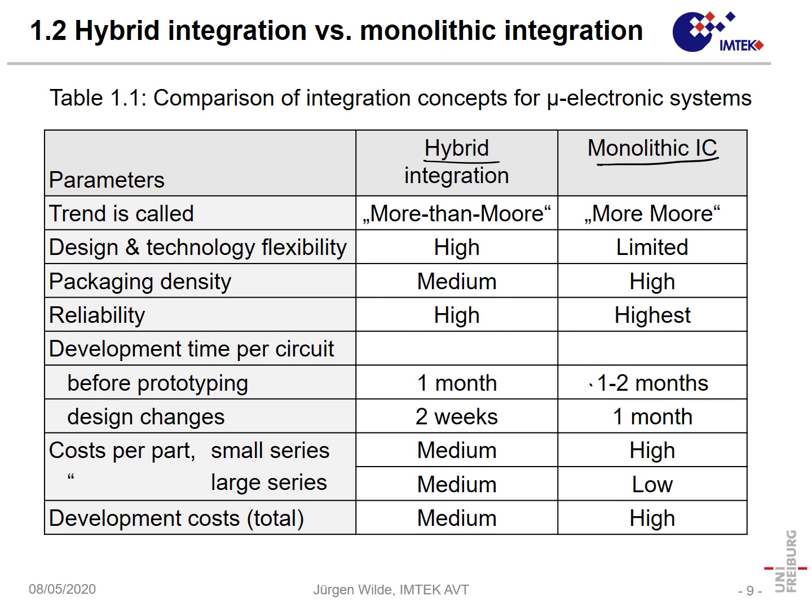On the other side, the development costs of, for instance, a printed circuit-based circuit are medium high, but for a monolithic IC which is state of the art, you have very high development costs. For a new processor generation, we talk about billions of dollars for each processor.